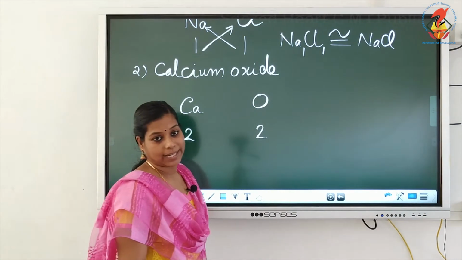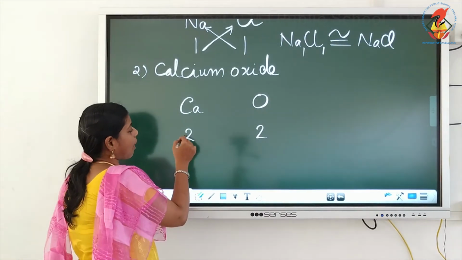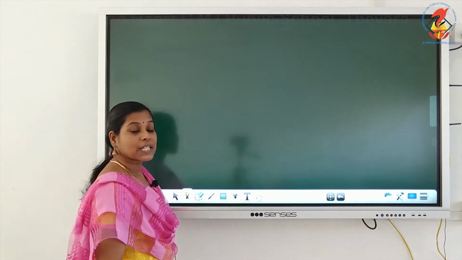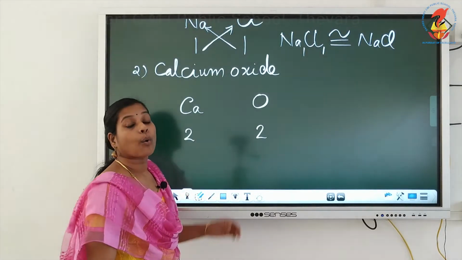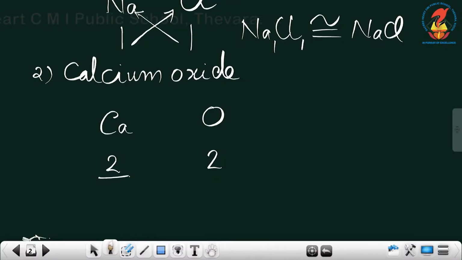Both are bivalent ions. Here comes the common factor. This common factor 2 is there. So, we can divide by the common factor 2. Here I am dividing by the common factor. After dividing, I will get 1. Okay.